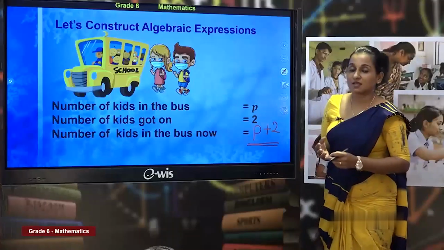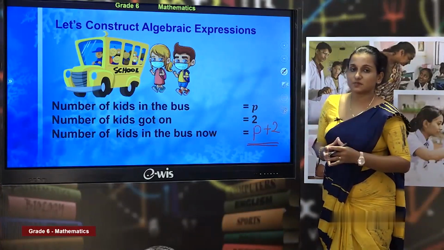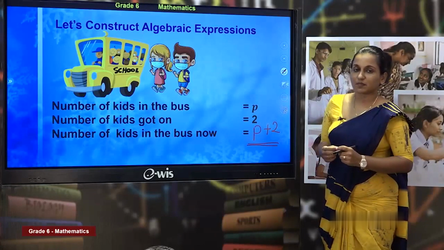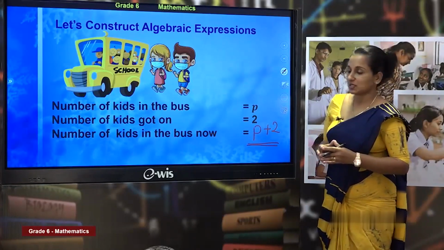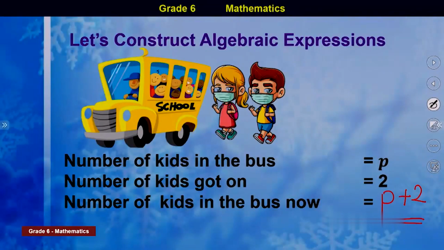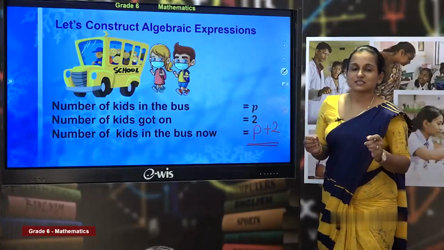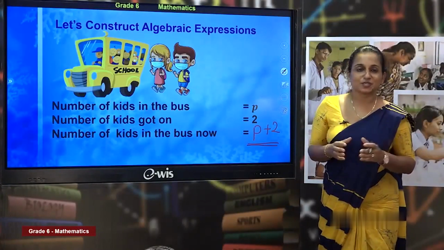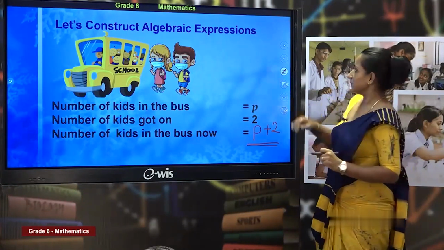Can you see this expression also has an algebraic symbol which is p, and also it has a mathematical operation, addition, and it has a number 2. This is also an algebraic expression. I hope you got some idea of algebraic expressions. Shall we move to another example?